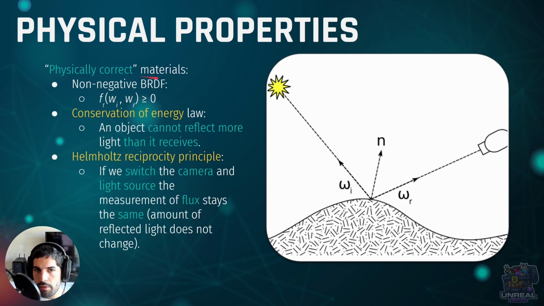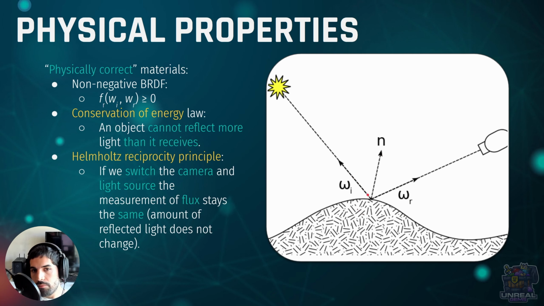Okay, so the BRDF, so the amount of light reflected, has to be greater or equal to 0. So it has to reflect either no light or a positive amount of light. Next, we have the conservation of energy law, which means that an object will not be able to reflect more light than it receives.